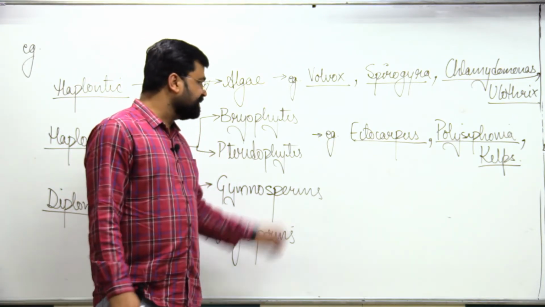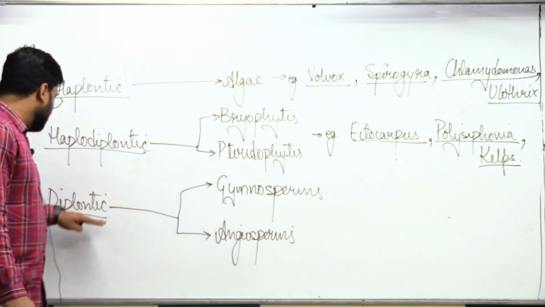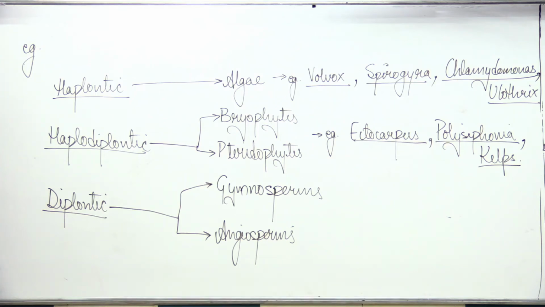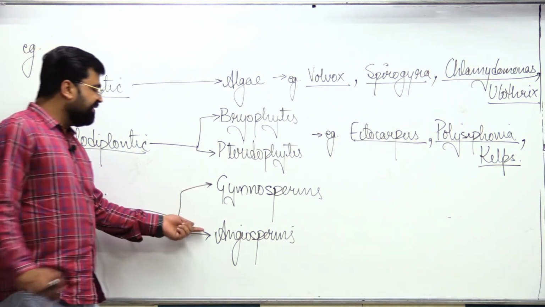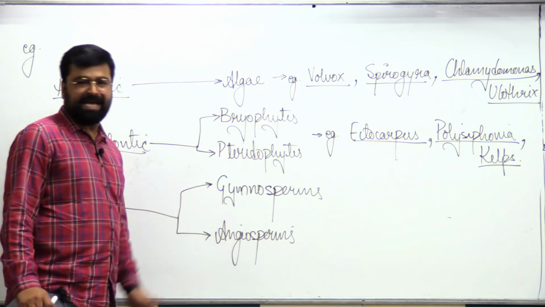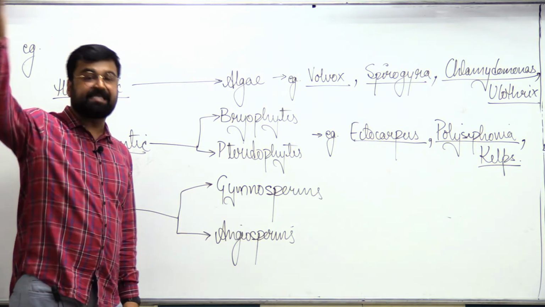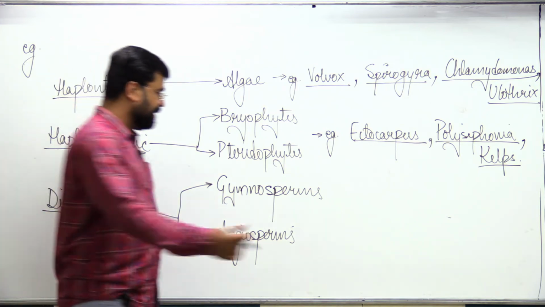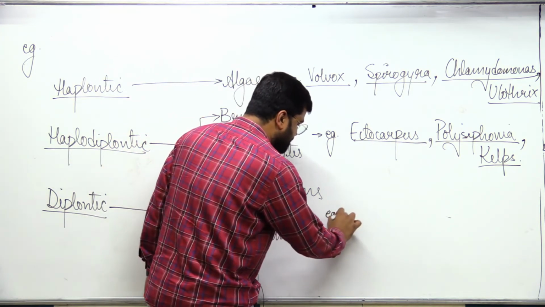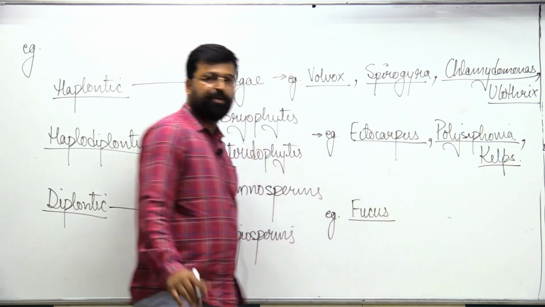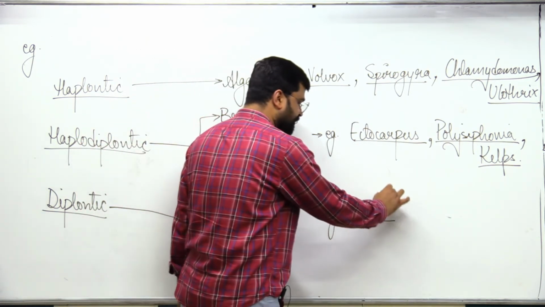These are Kelps. Now coming on to the last category, diplontic type of life cycle. In diplontic type of life cycle, majorly we are having spermatophytes, gymnosperm and angiosperm. In NCERT, a very important example, which is asked in previous years also, is Fucus. Yes, Fucus, very very important.